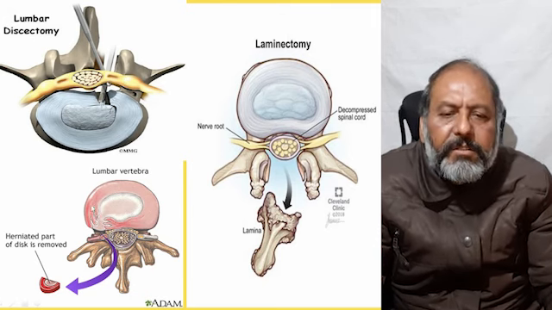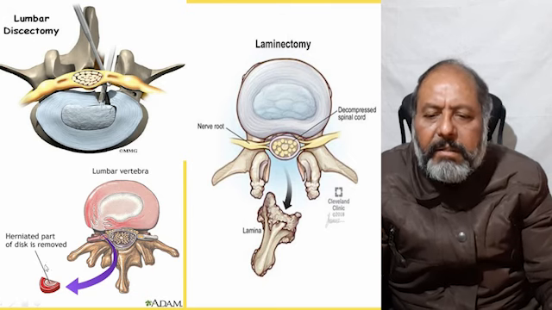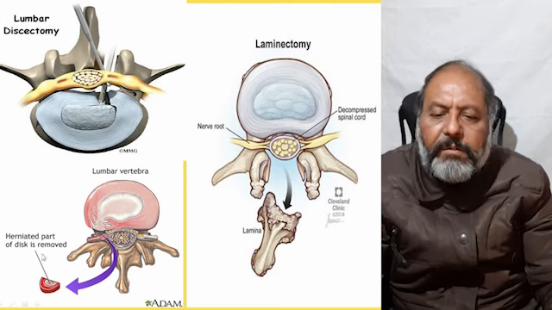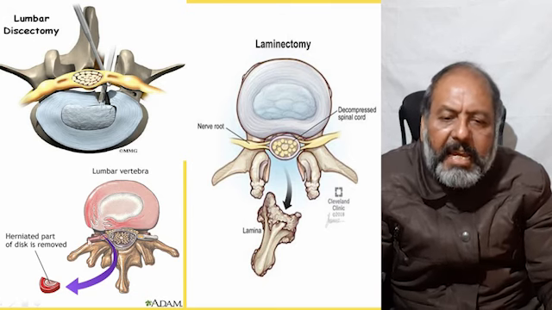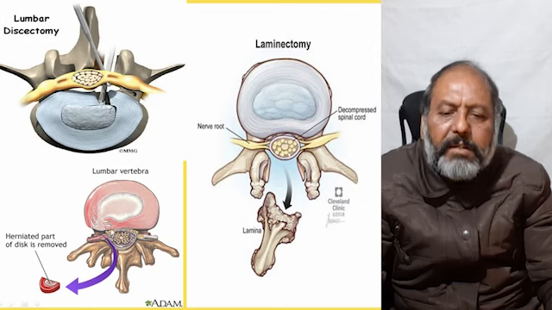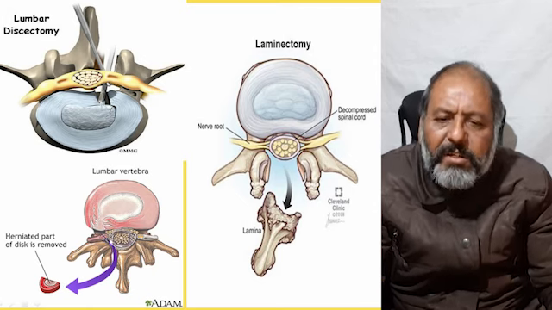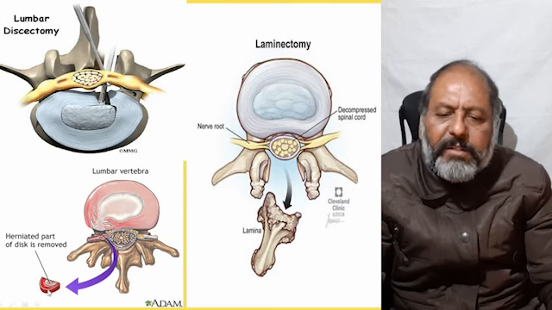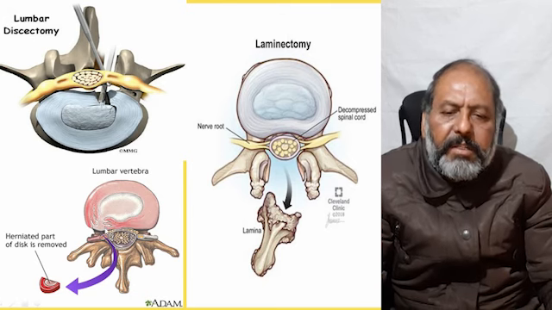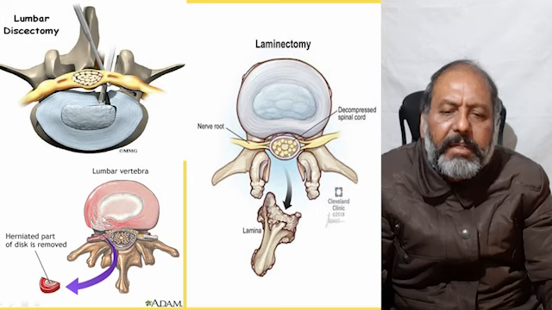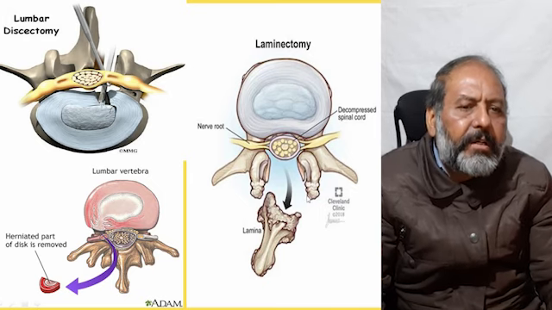Similarly, this is the lumbar vertebra and the herniated part of the disc is removed, as one can see. This part which was pressing or impinging on the nerve is being removed and there is relief as there is no pressure from this herniated disc.